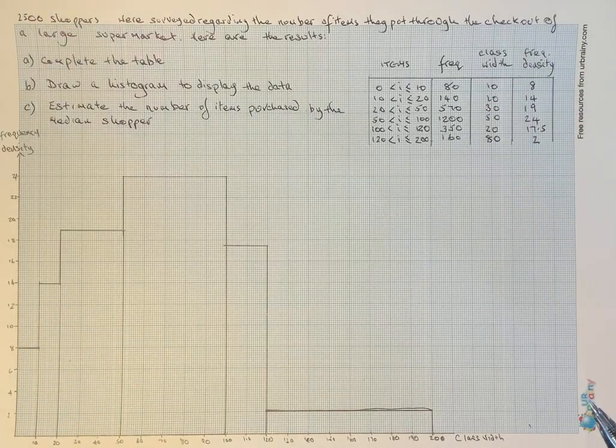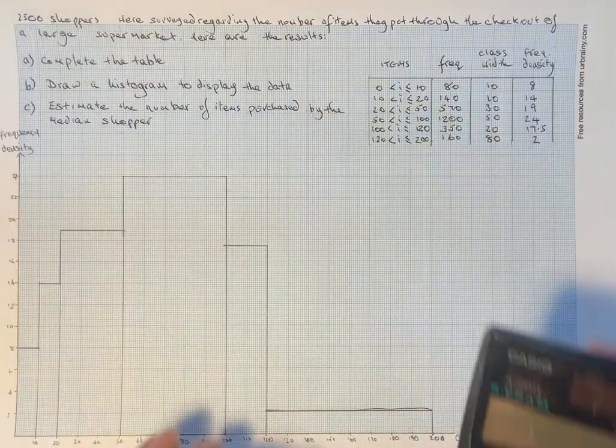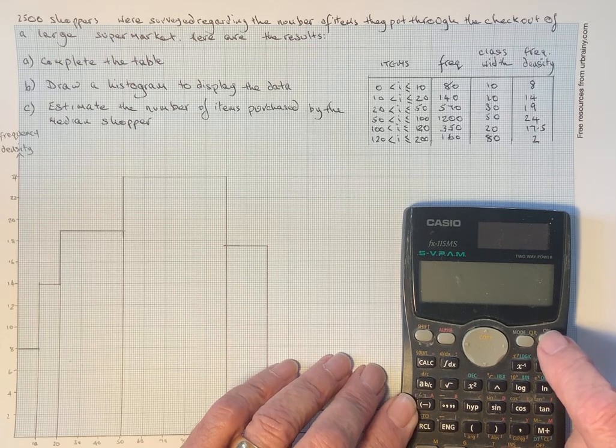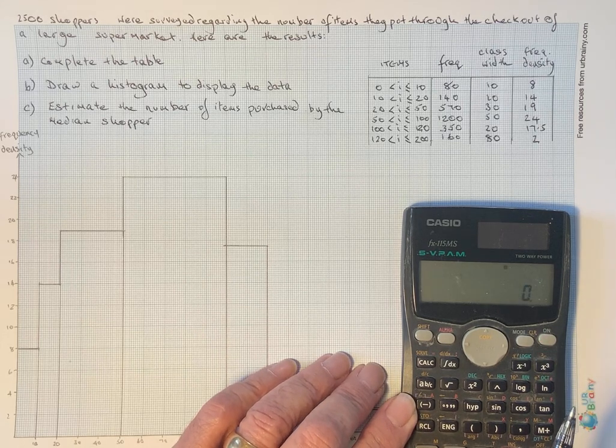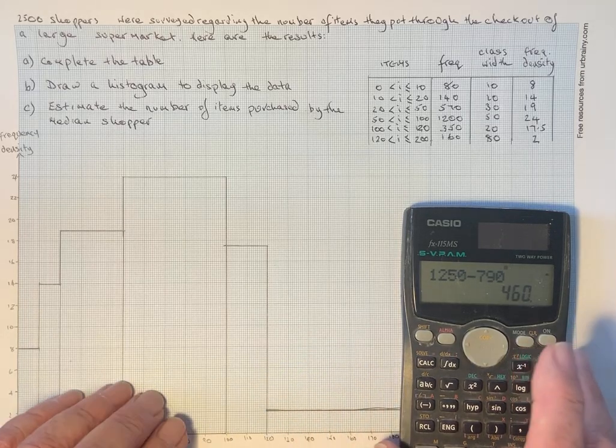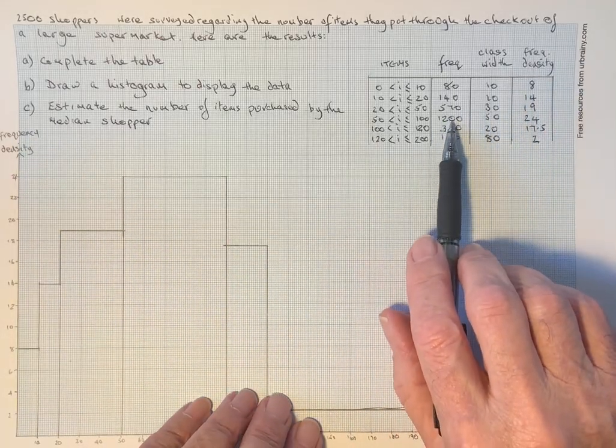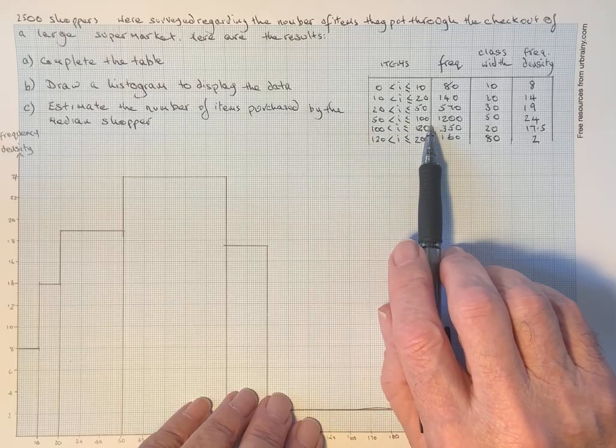Okay, so we're looking for our 1,250th shopper, so we do 1250 minus 790 equals 460. We are looking for the 460th shopper in this group.